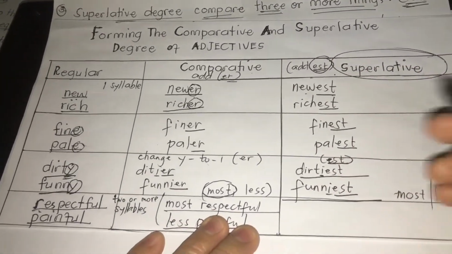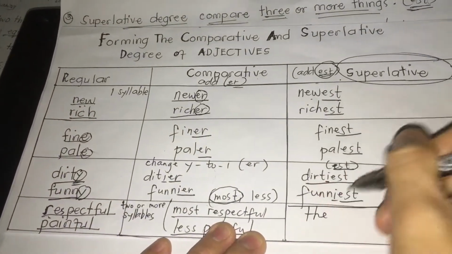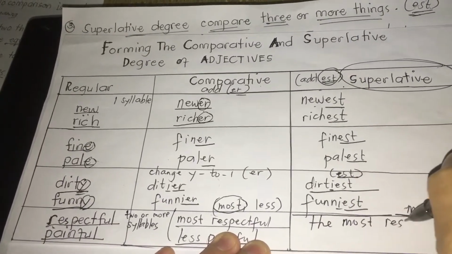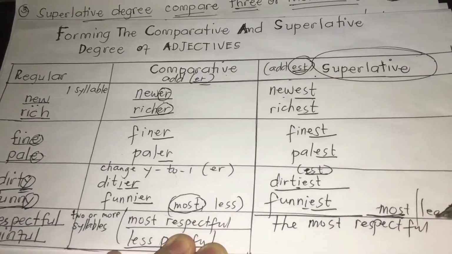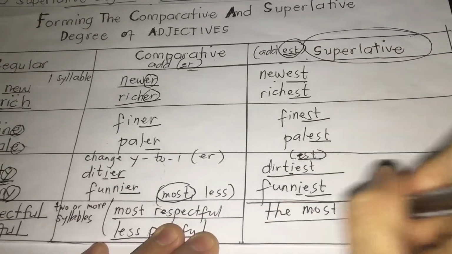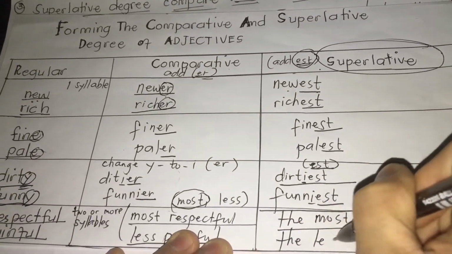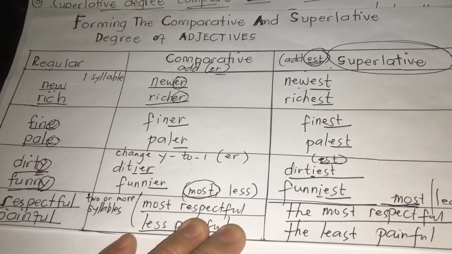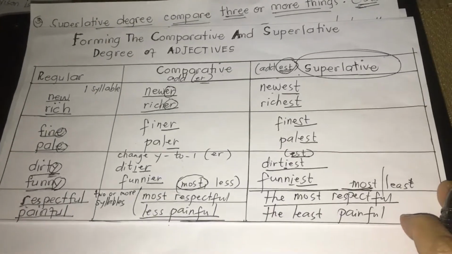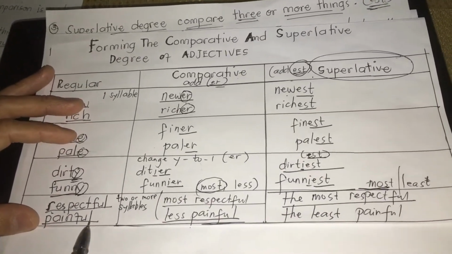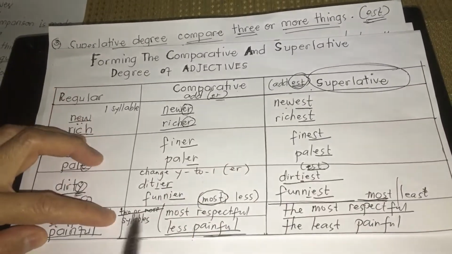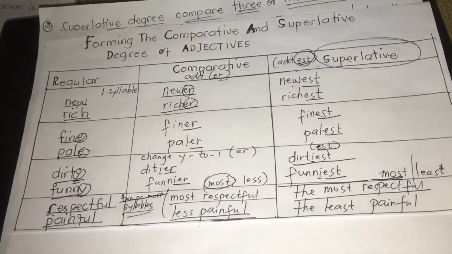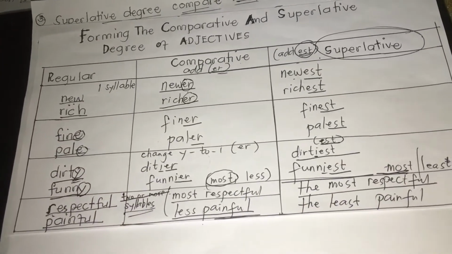We can write them as the most respectful, and then the least painful. That is how we are going to form the superlative of respectful and painful, because remember class, they are composed of two or more syllables. And that is how we are going to form the comparative and superlative degree of adjectives.